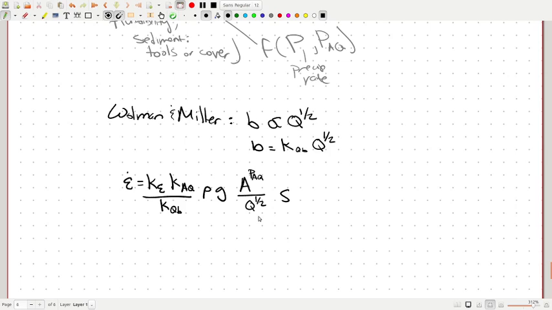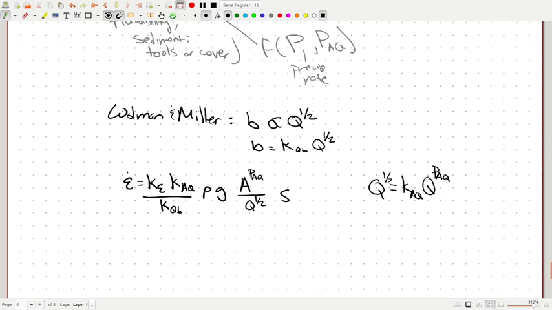And now, of course, we're going to want to replace this discharge term again. And so what we're going to do is just remind ourselves that Q is equal to K_AQ times A to the P_AQ. And so if we have this in the denominator, then we have this whole thing raised to the 1/2 power, right?